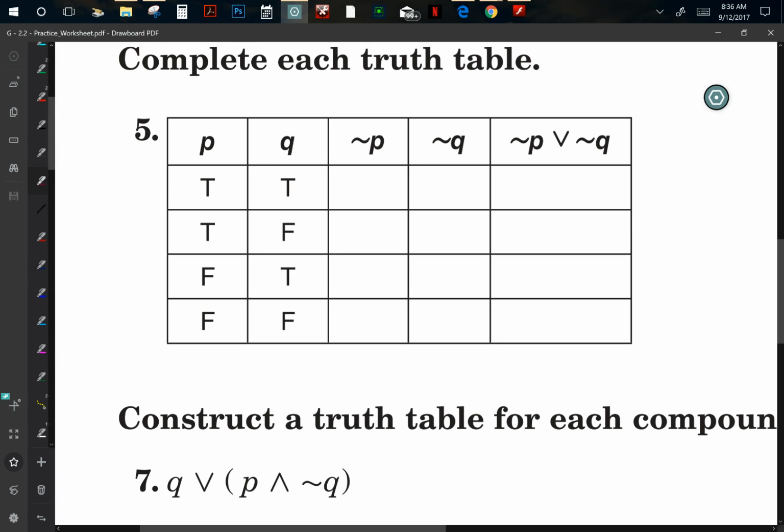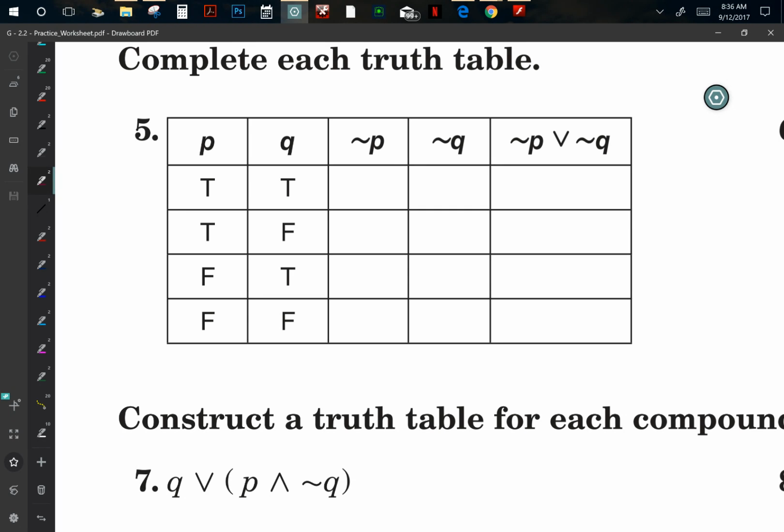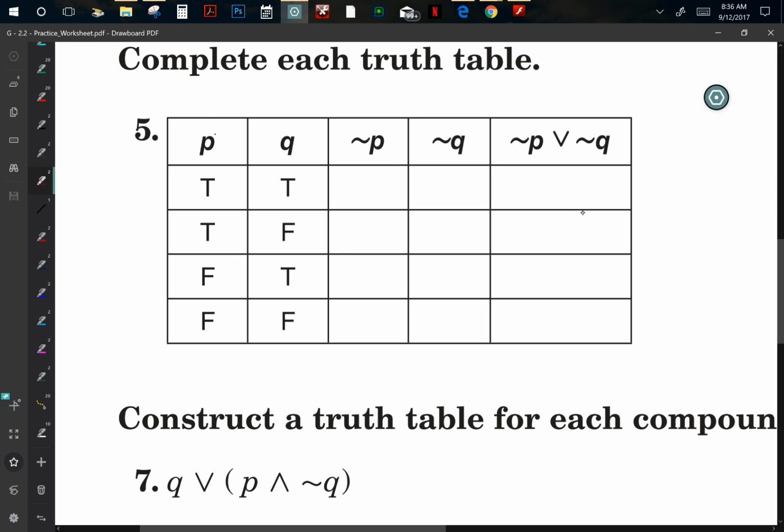So right here, you see how really simple concepts can be made to seem hard? In other words, right here, we're talking about P. The possible values for P and Q, when you make a truth table, the first thing you do is you have each statement you start with. And you write down all the possible combinations of truth values.